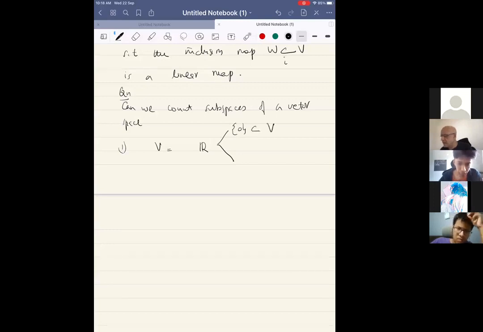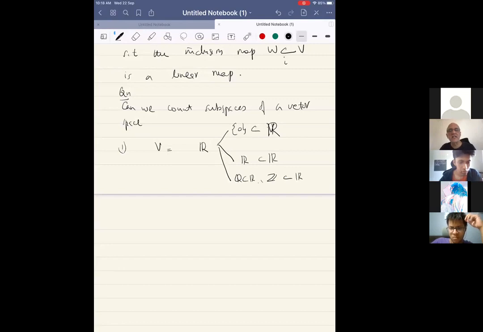This is a subspace of R. Then R itself is a subspace. And then a number of other things were suggested: Q, and somebody even said Z. I'm just putting down various answers. Then we will talk about it.